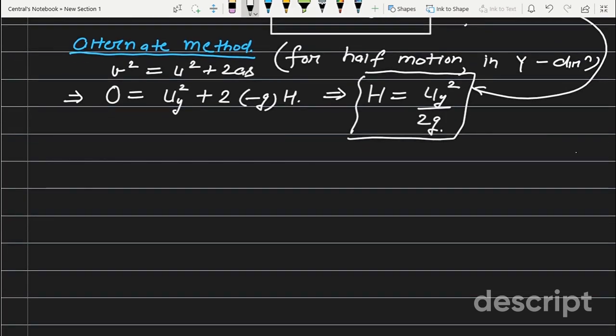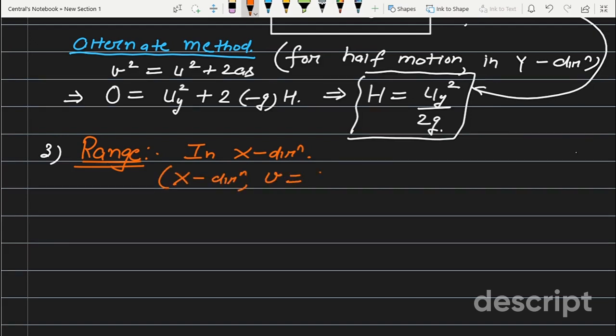And the third one is range. For this, we will apply the equation in the x direction, and in the x direction we know that velocity remains constant.